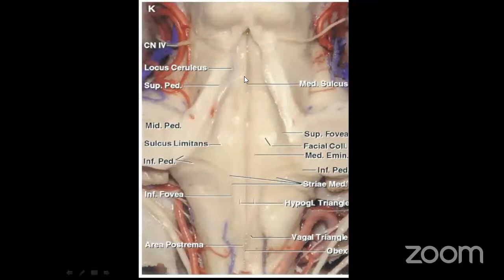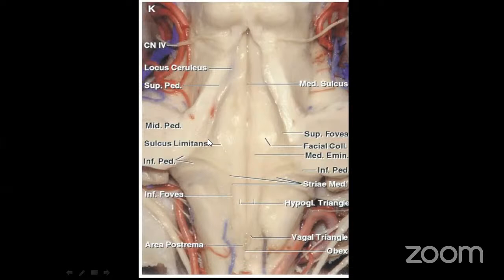So again, a more beautiful view of the floor of the fourth ventricle. The median sulcus can be seen. This pigmented area within the superior part of the floor of the fourth ventricle is known as the locus coeruleus, where the pigmented neurons usually lie. And we can appreciate the superior peduncles and inferior peduncles over here.